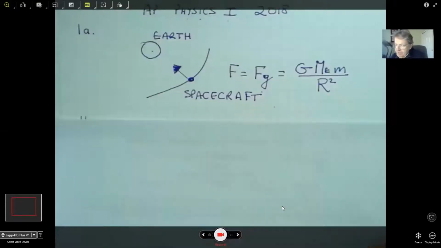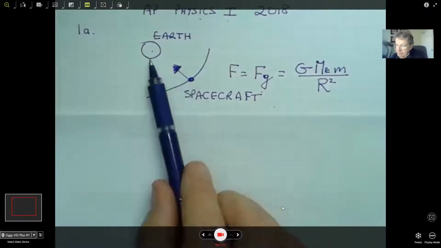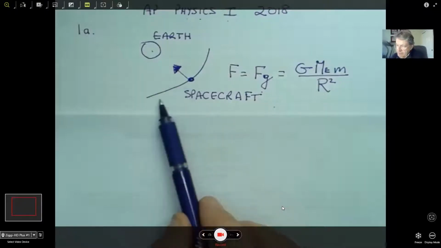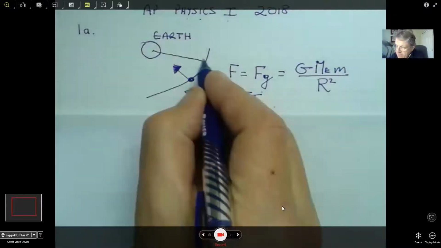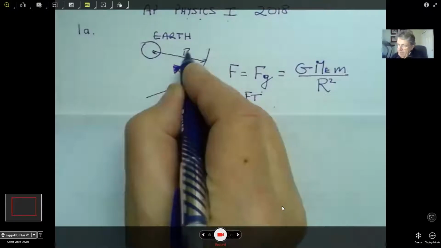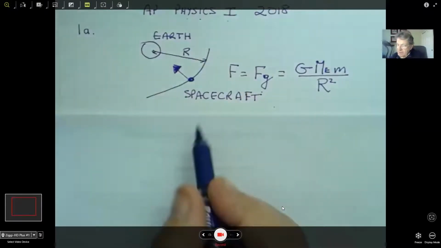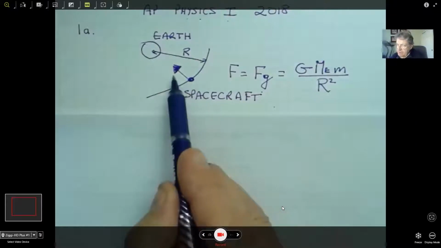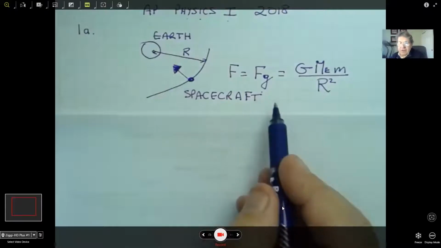This is the geometry of the situation. This is the central body of the Earth, the spacecraft in its orbit around the Earth at a radius r. This is distance r. And there's only one force acting on the spacecraft. It's acting radially inwards, pointing towards the center of the Earth, and it's due to the gravitational interaction between the two bodies.